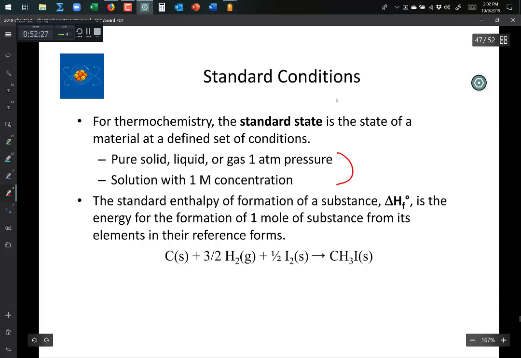And for standard state, there's no temperature reference. Like STP is actually 0 degrees Celsius, but there's no such thing for standard states. You have to look at the tables that you use to see what temperature they use. Typically it's 25 degrees because it's room temperature, but that's not part of the standard.